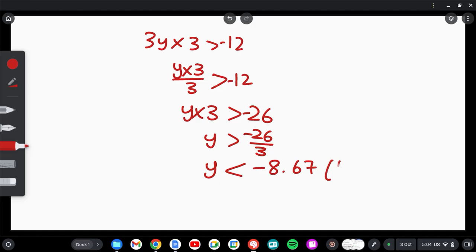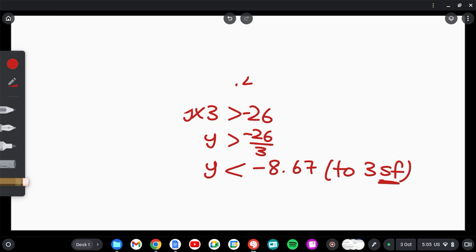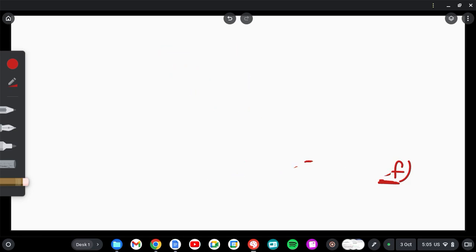Okay, this is 3 SF. I will explain what SF means in a bit. Okay, because SF is difficult. Alright, for secondary 3, this is the standard that you need to uphold. Okay, this is a standard that you should be able to complete.